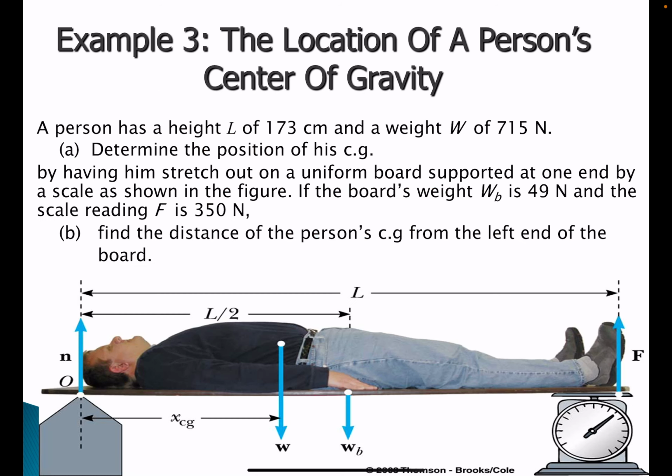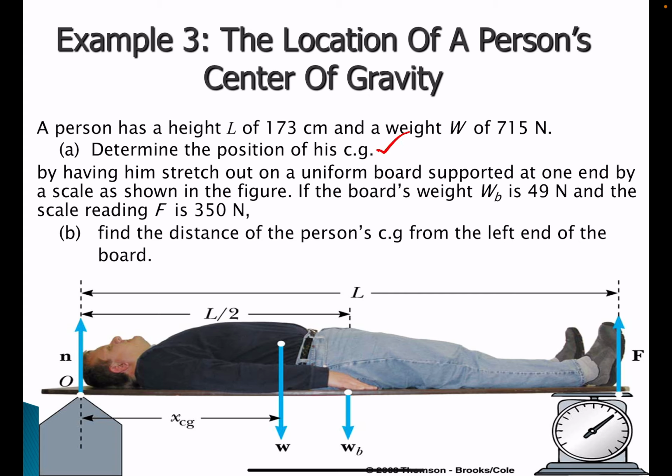Alright, so let us look at example 3. The location of a person's center of gravity. When you look at the diagram there, you see a man lying down, and the person has a height of L, which is 173 cm, and a weight of 715 Newton.